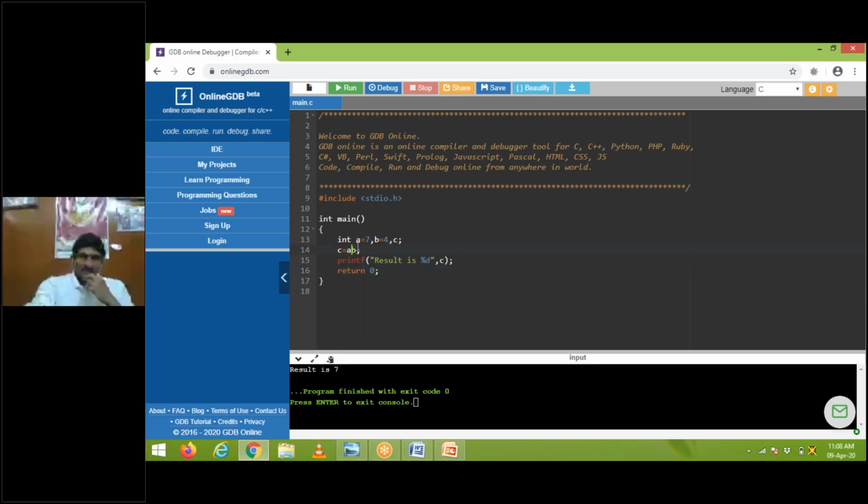Last and final question: A exclusive or B. The same question, A value 7, B value 4. Tell me what is the value of A exclusive or B. Everyone should mention it in the chat box. For exclusive or, if the bits differ, either 0 or 1, the result is 1.